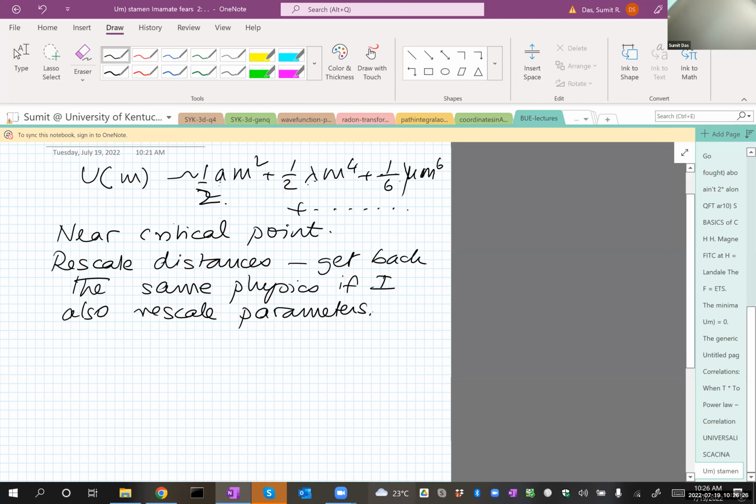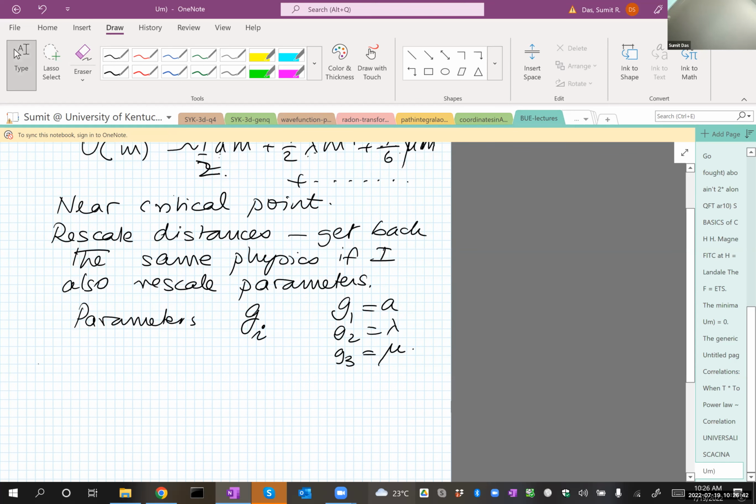Let us denote these parameters collectively by gi. For example, in our example, g1 equal to a, g2 equal to lambda, g3 equal to mu, and so on.